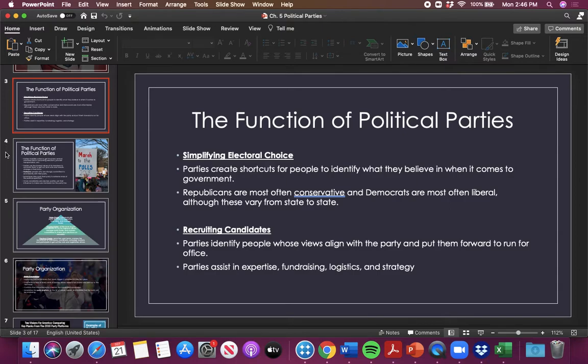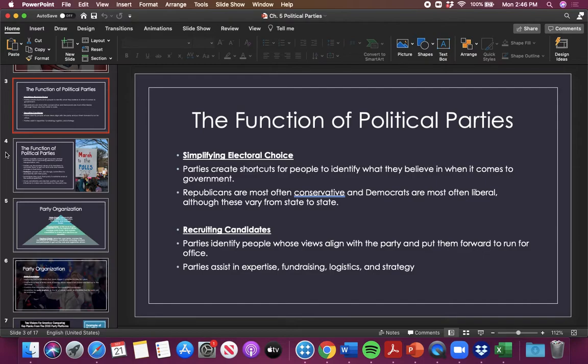And then, of course, the most important goal of the political party is to run candidates for office. The more offices they control, the more influence they have over how government is run. And to do this, they provide candidates with expertise, money, logistics, strategy.